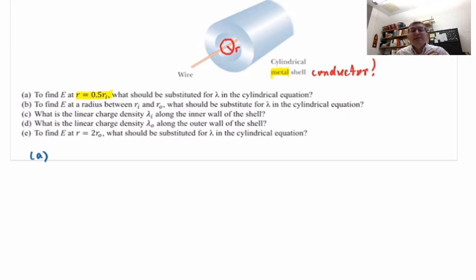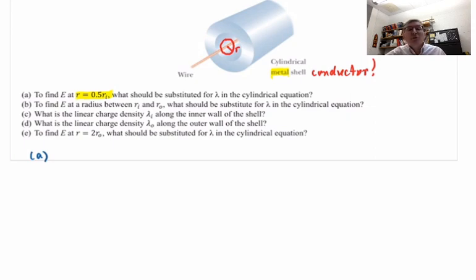Gauss's law tells me that the only thing I have to worry about, for the E on a Gaussian surface shaped like a cylinder with that radius r, is the charge inside, the charge within that distance r. Well, the only charge within that radius r is the wire, right? We haven't gotten out to the shell yet.